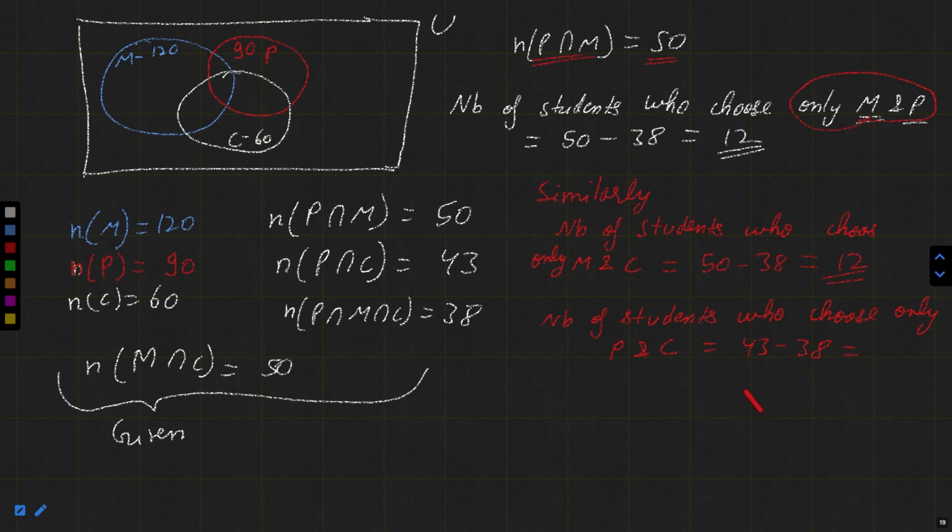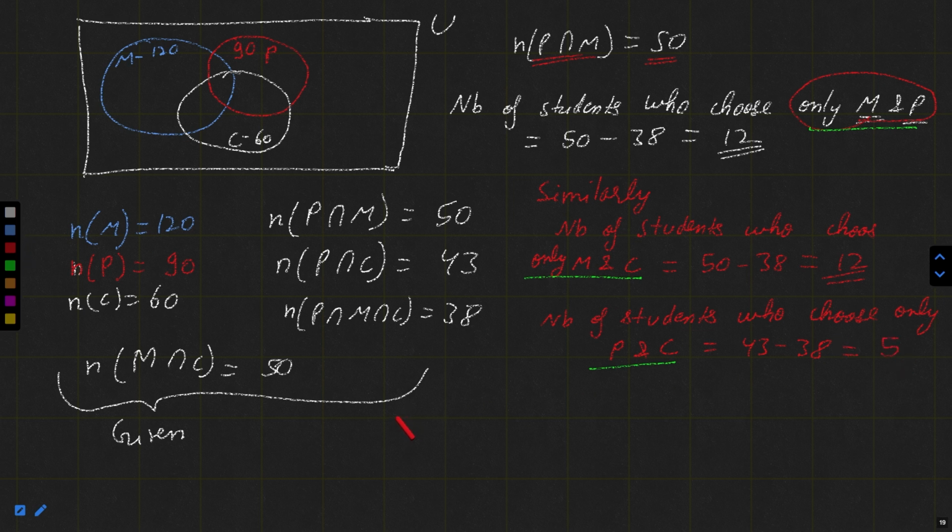So in all of these cases we eliminate the respective courses to find out the number of students only in math and physics, only in math and chemistry, only in physics and chemistry. Clear? So this is 5.